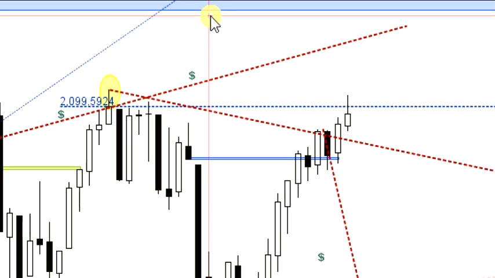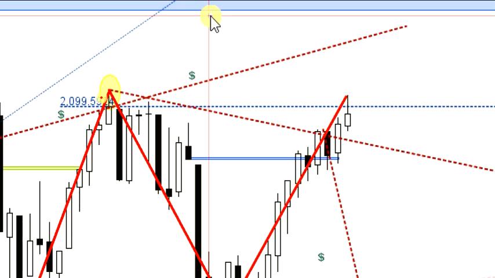But I was looking at this on the weekly, and one of the interesting things about this chart is this wick here from the previous swing high. When I say previous swing high, I'm talking about this pivot right here compared to this swing high right here.